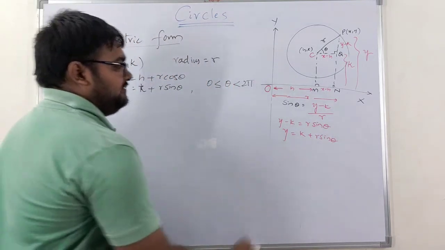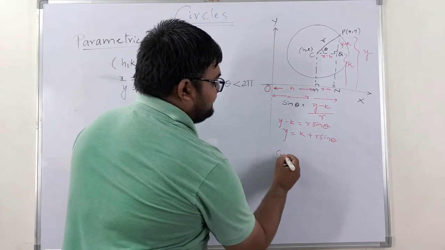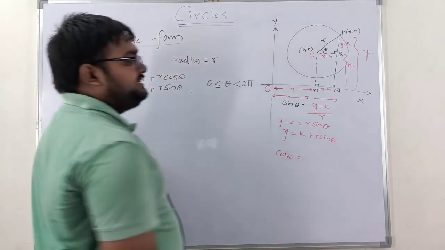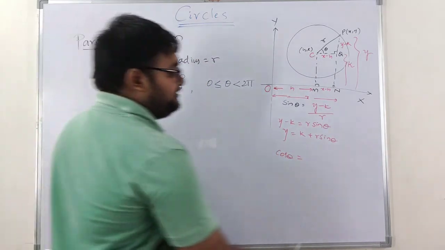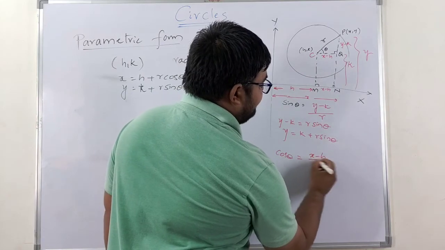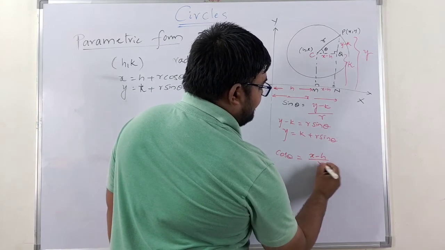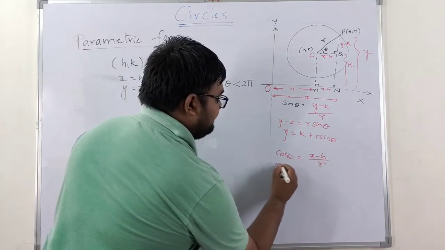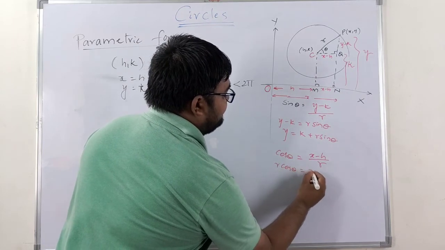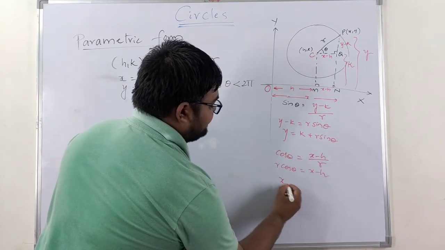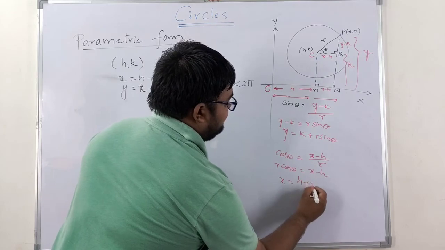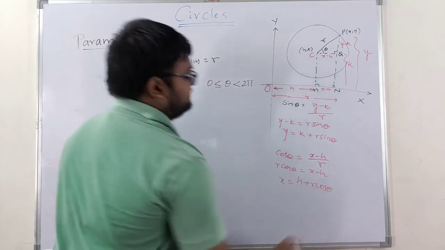In the same way, if I go for cos theta, cos theta is nothing but adjacent by hypotenuse. So x minus h by r. When I cross multiply, r cos theta is equal to x minus h. So x is equal to h plus r cos theta.